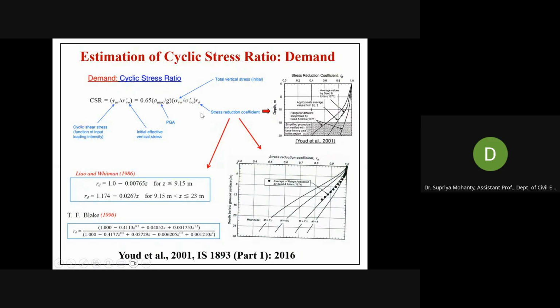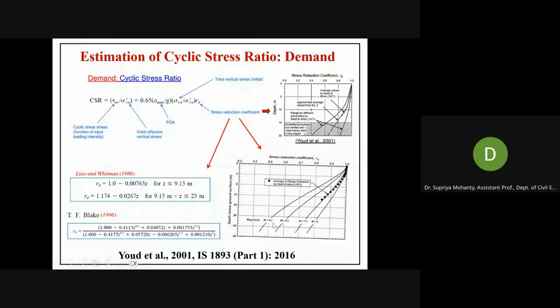The stress reduction coefficient is multiplied because there will be non-linear deformation of the soil during the earthquake loading. To consider that, this stress reduction coefficient has been included, and it is a function of depth. So with depth, this reduction factor will change.